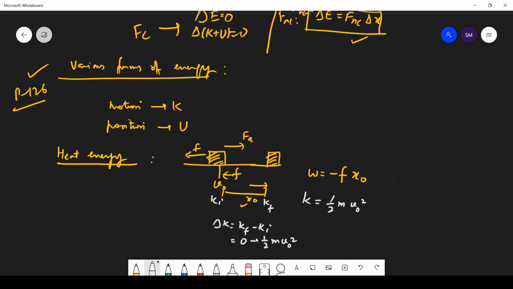Kinetic energy cannot be negative, but the change can be negative. Now by the work energy theorem, work done is equal to the change in kinetic energy. So this gives me half m v naught square is equal to F x naught.